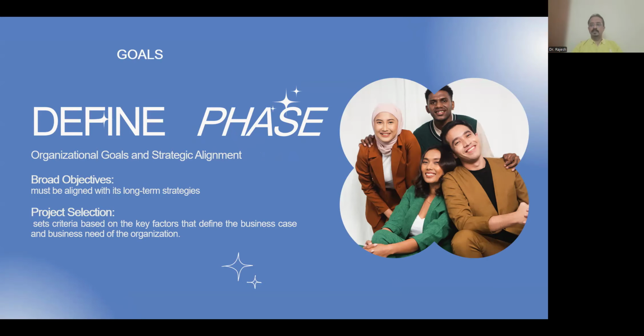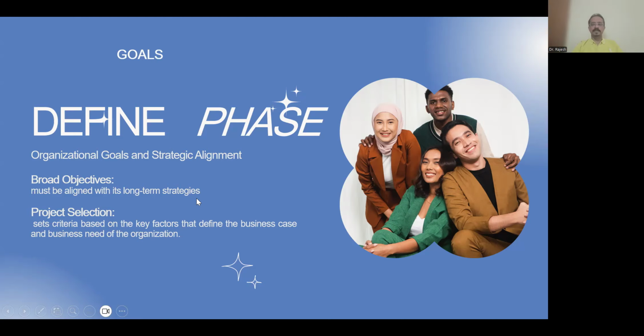All your defined or identified projects should align with your organizational goal and strategic alignment. That is very important. If you're not aligned with the strategic alignment of the organization, your project is not going to be approved by your stakeholders or your project managers, right? So the broader objective should take care of the long term strategy.